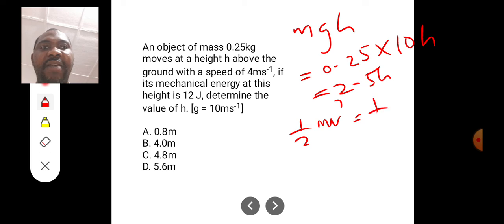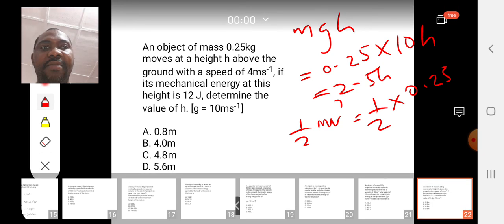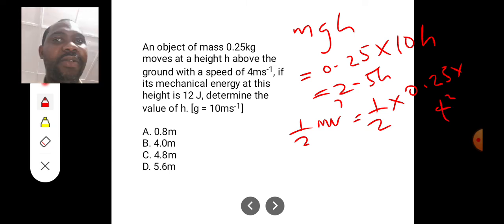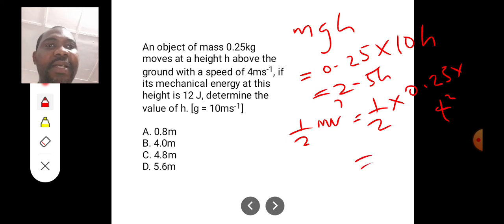So that will be half times your m, of course, 0.25, times your velocity. What is the velocity? Velocity is 4, so we have 4 squared. So 0.25 times 4 squared divided by 2 is giving us 2. So the answer here is 2.